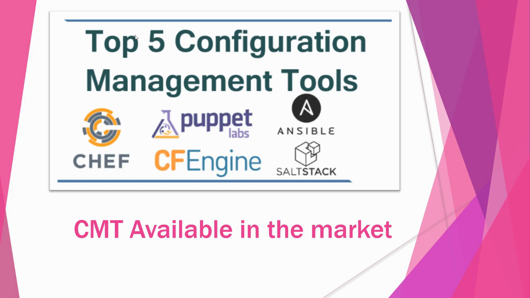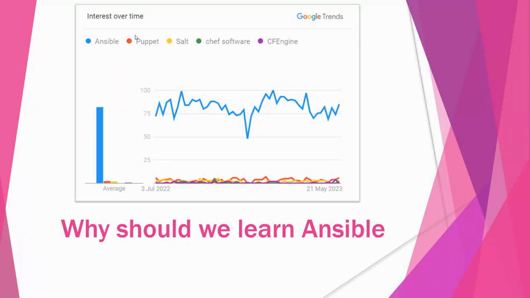Got it? So let us see, why should we learn Ansible? Guys, this is live data. I took it maybe 4 or 5 days before. See, Google Trends, right? You can also check it out in Google Trends. Just compare Ansible, Puppet, Salt Stack, Chef, and CF Engine. You can see Ansible is on top. It is used in the market.